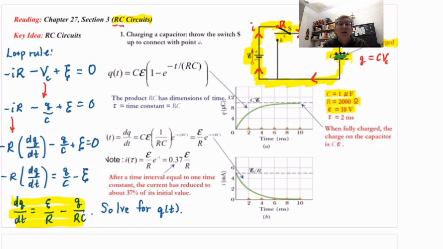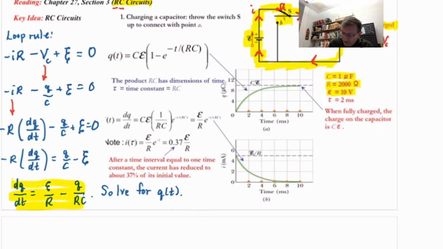And so you are, if you wish, allowed to skip over the next part. But if you're curious as to how to solve this differential equation, I'm going to show you how you do it. This next part is purely for those who want to know mathematically how to solve this differential equation.